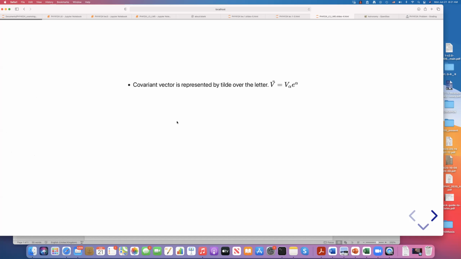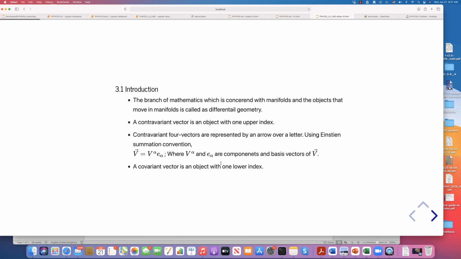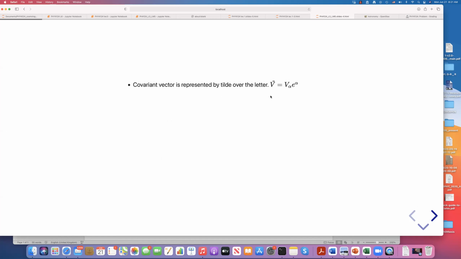So these are two different things. Just make sure that you understand. This is V upper alpha, E lower alpha for the contravariant vector. But for the covariant vector, you have V lower alpha and E upper alpha, right? So that's how it works.